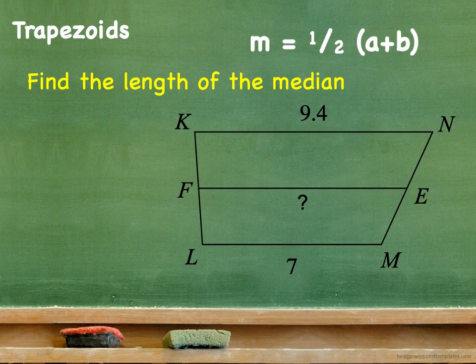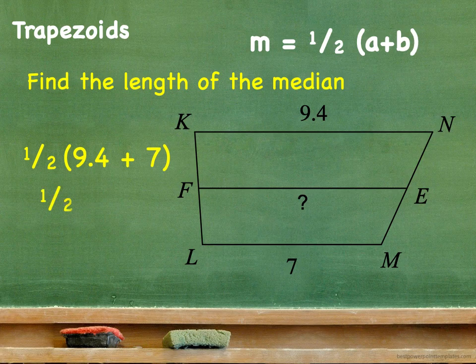If I want to find the distance from F to E, I'm going to add 9.4 and 7 and divide by 2. 9.4 plus 7 is 16.4, multiplied by a half, or divided by 2, is 8.2.